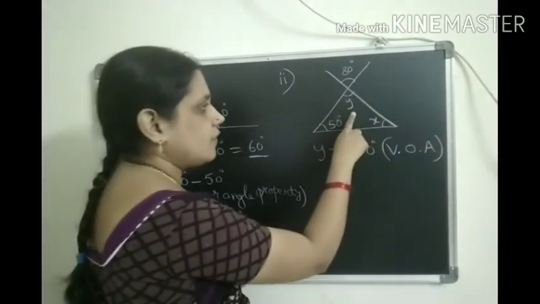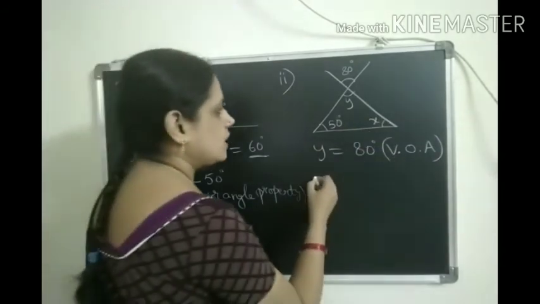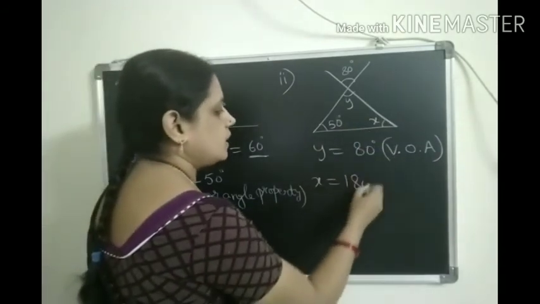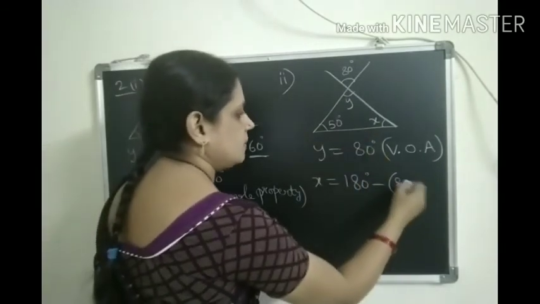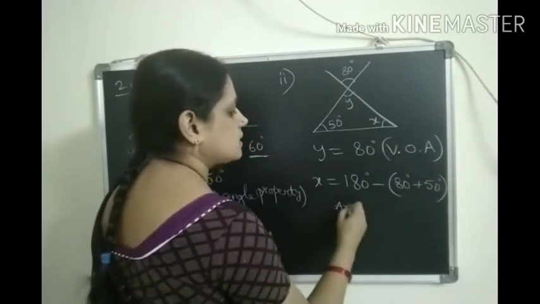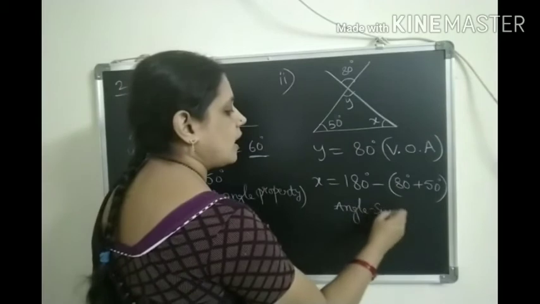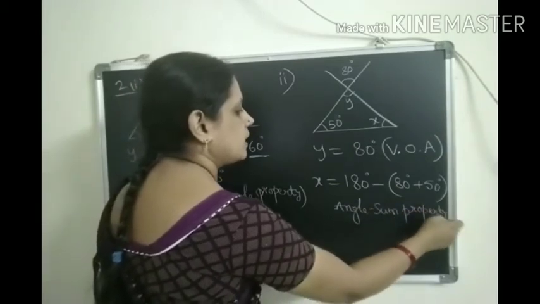So now after getting y, you can find x using angle sum property. How is it? x equal to 180 minus, here y is 80, plus 50. Using which property? Angle sum property of a triangle. The sum of three angles in a triangle is 180.